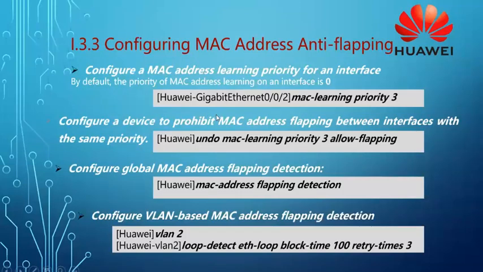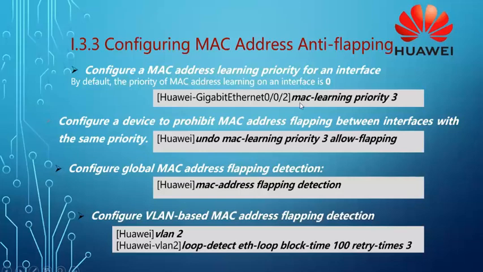To configure anti-flapping of MAC addresses, we can use some commands. First, we can configure a MAC address learning priority for an interface. This value is by default 0 on each interface.